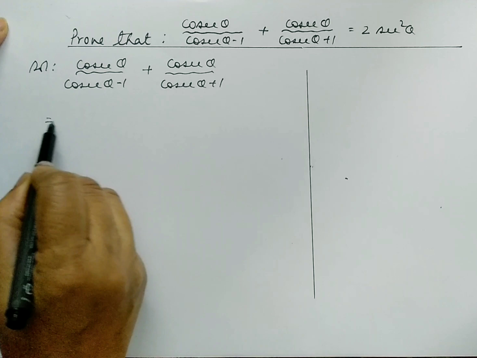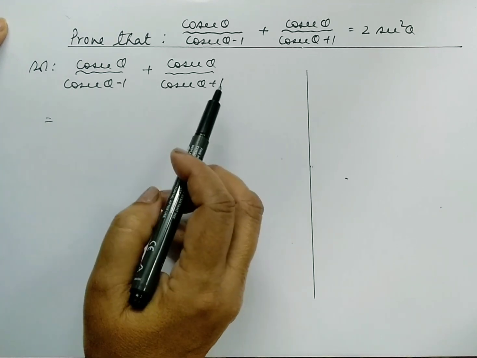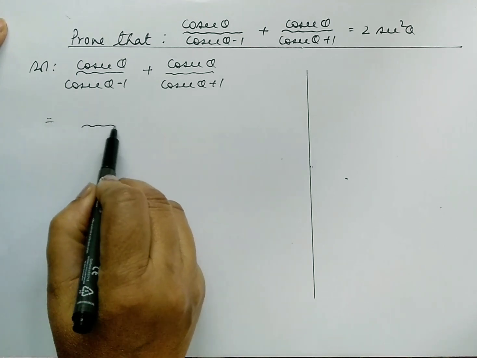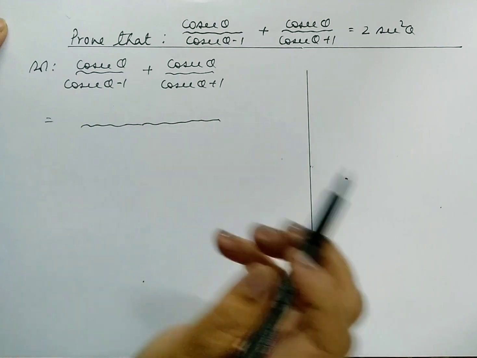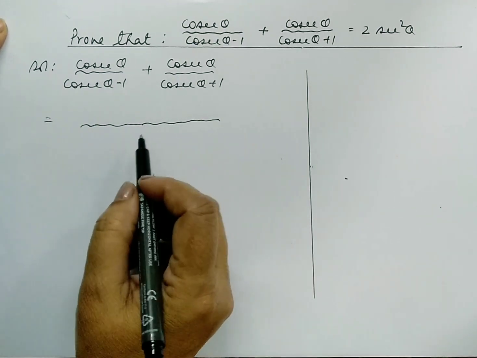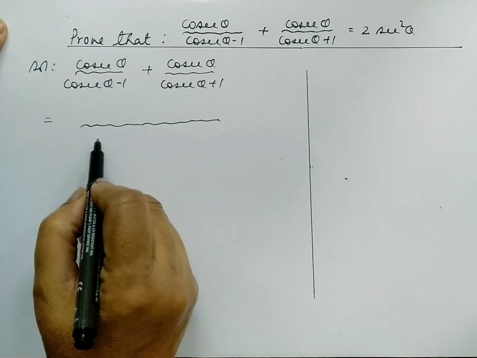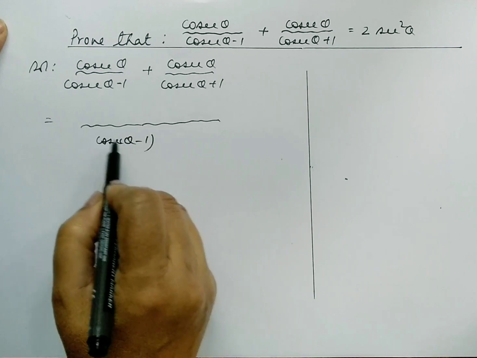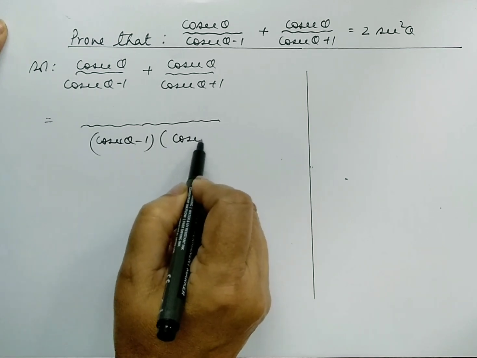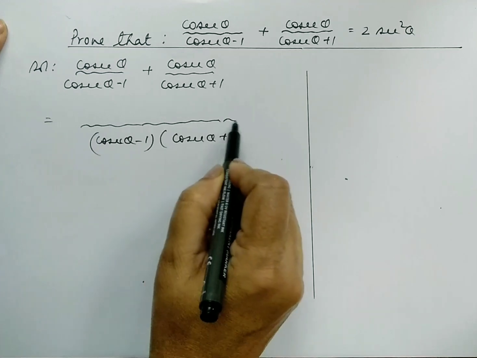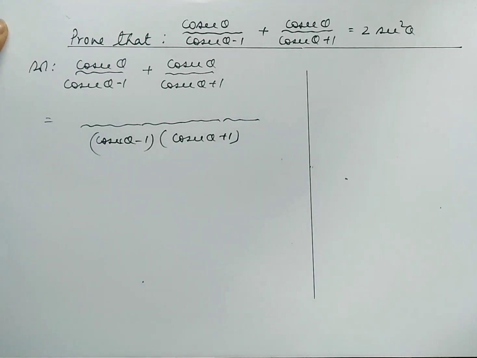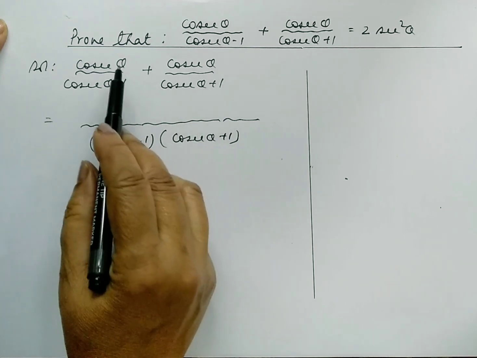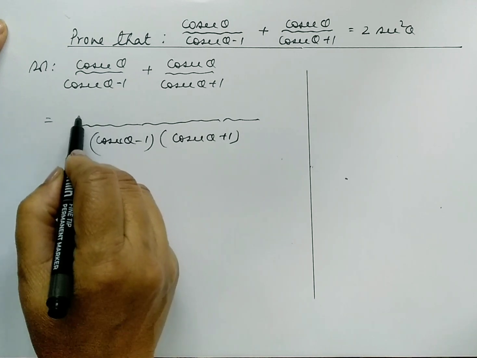So how are we going to go about this? Let's get started. The only probable step I feel is that we should be taking an LCM of these two first, since they are unlike. Since we already have this, we need to multiply this with cosec theta.